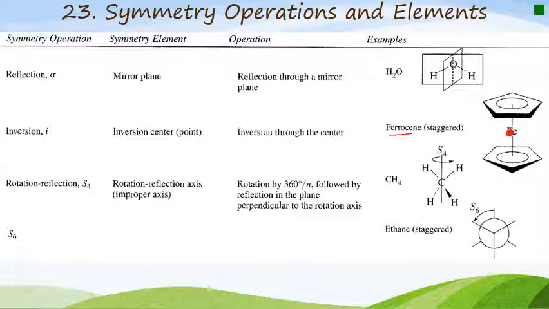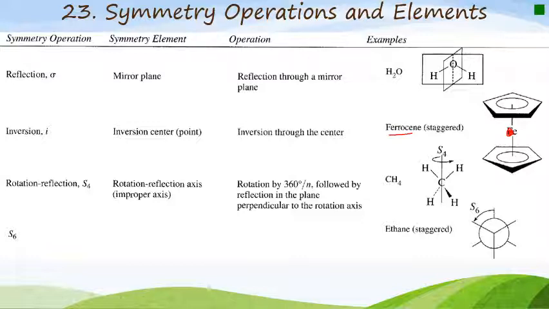And then the last one in the summary that we're doing is rotation-reflection, or improper rotation, given the symbol S. We know that for methane and staggered ethane, with the examples that we've done previously, we have rotation by 360 degrees divided by n, whatever n may be. In the case of methane, it's 4.